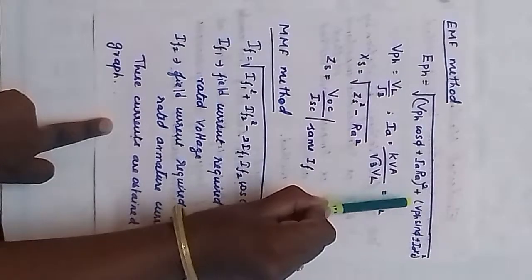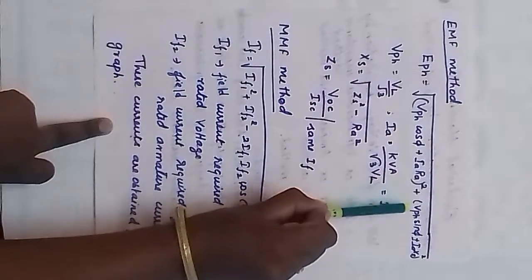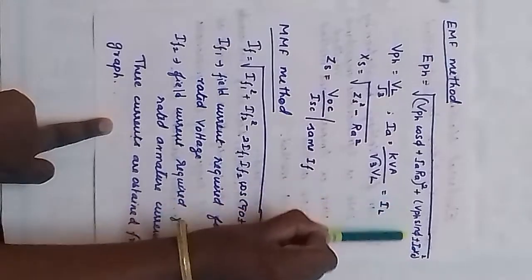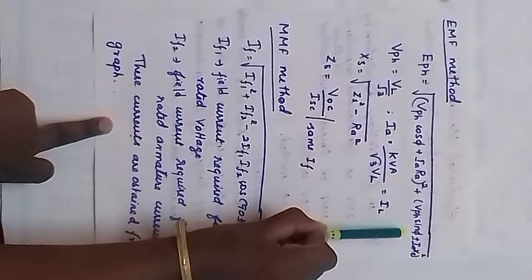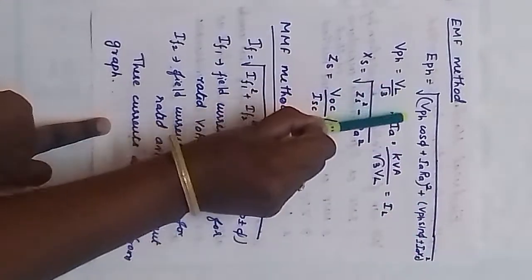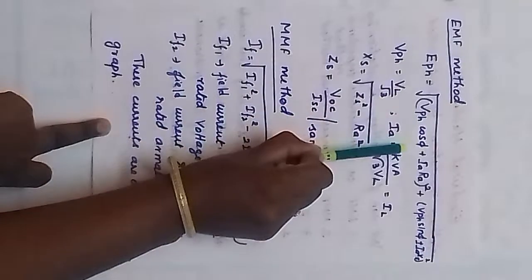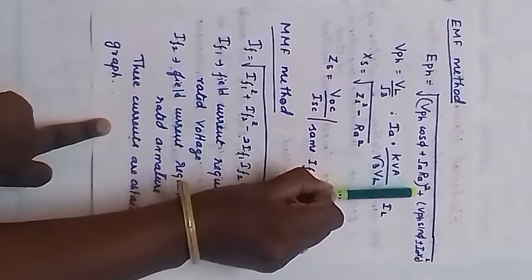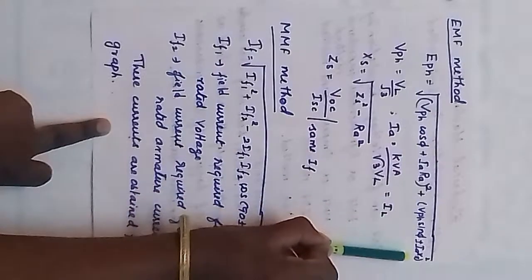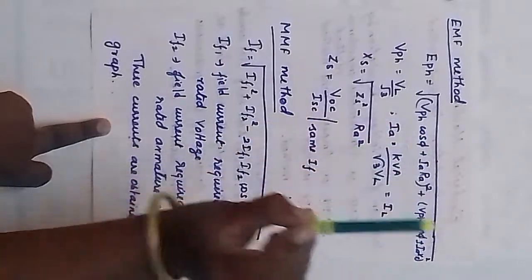The power factor can be lagging or leading. For leading power factor, we take the minus sign. For lagging power factor, it is a plus sign. So for lagging power factor, the equation becomes the square root of (V phase cos phi plus IA RA) the whole square plus (V phase sin phi plus IA Xs) the whole square.